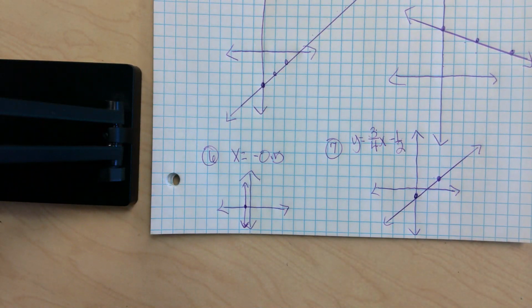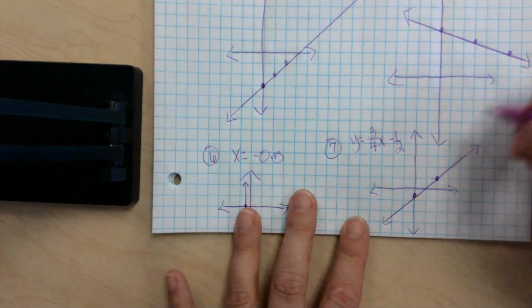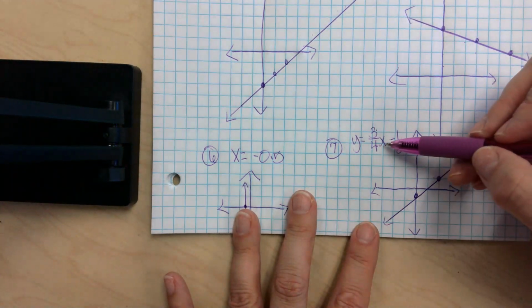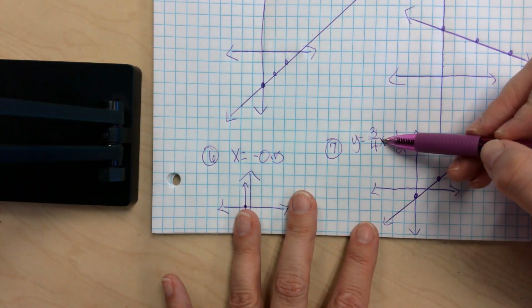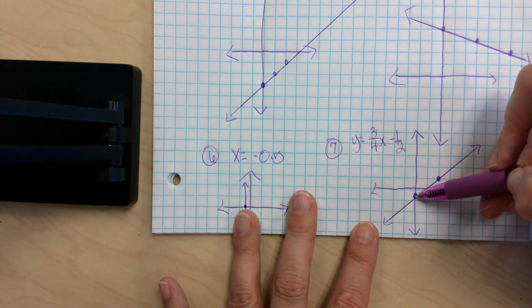Now, if I were confused about that, what could I do if I were confused? I could make a what? Flip chart. And this would tell me that when 3/4 times 0 would just be y is negative 1/2.